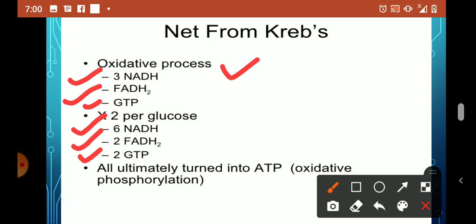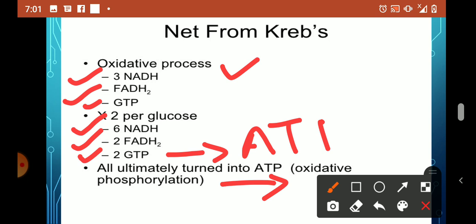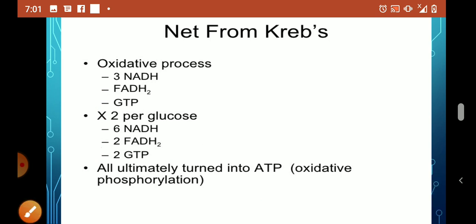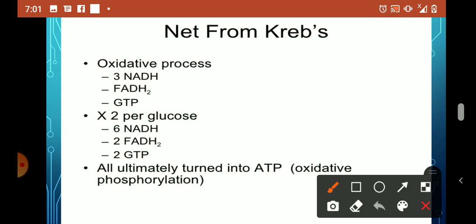GTP is changed into ATP, which is called substrate level phosphorylation, and that gives 2 ATP. And ultimately NADH and FADH2 are changed into ATP in the next step, the electron transport chain.